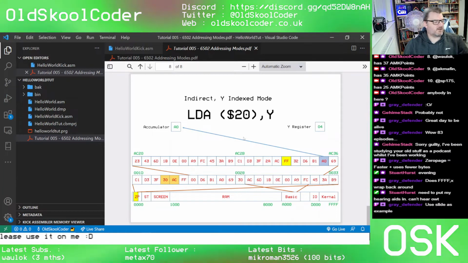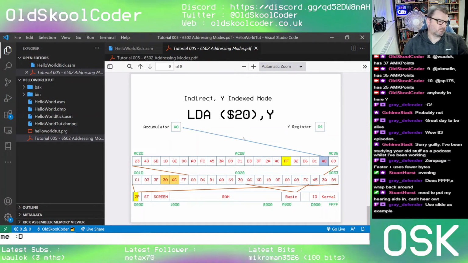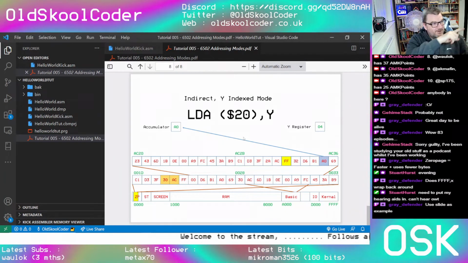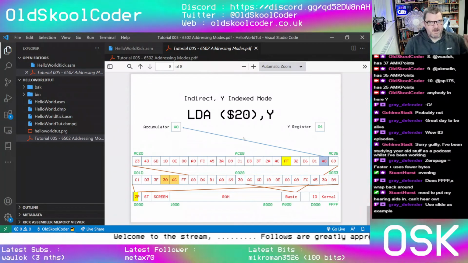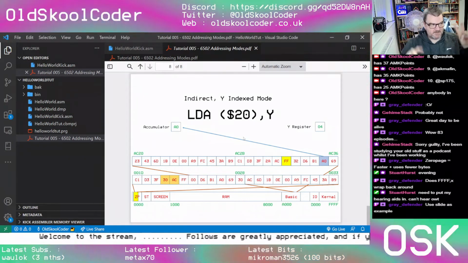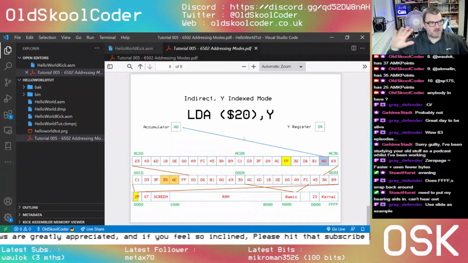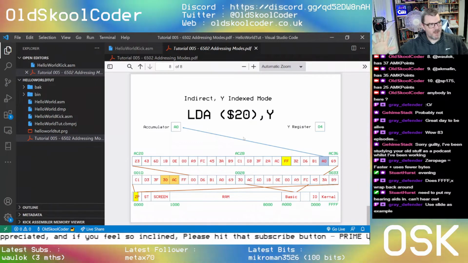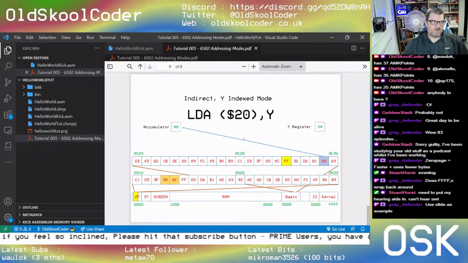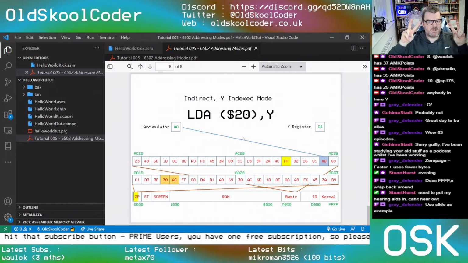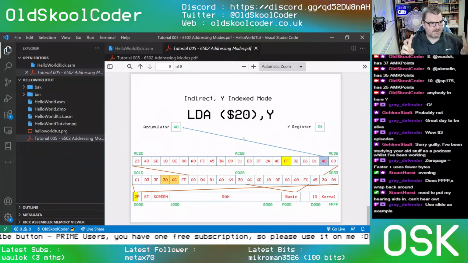Right, we're going to 24 Burton Road. Then you go to 24 Burton Road, but then you offset that 24 Burton Road by Y. So Y is containing 4. So you're not going to 24 Burton Road, you're going to 28 Burton Road. And then finding out how many people live in that house. And that's how this indirect Y indexing works.